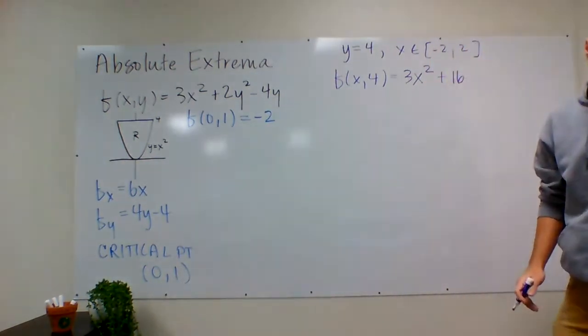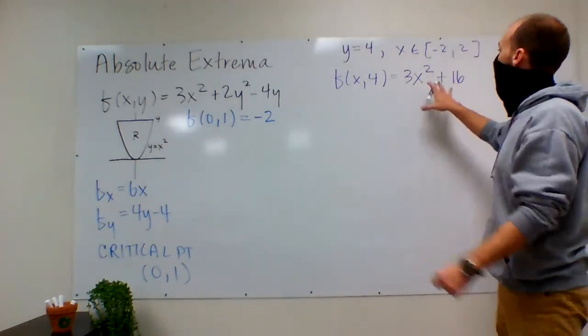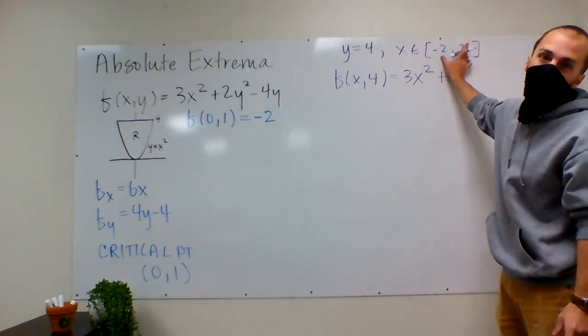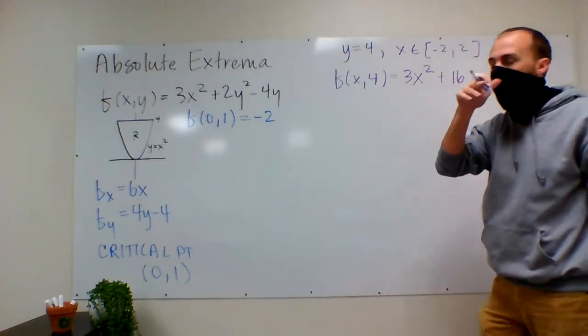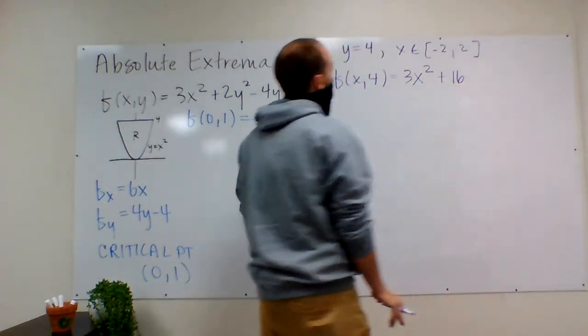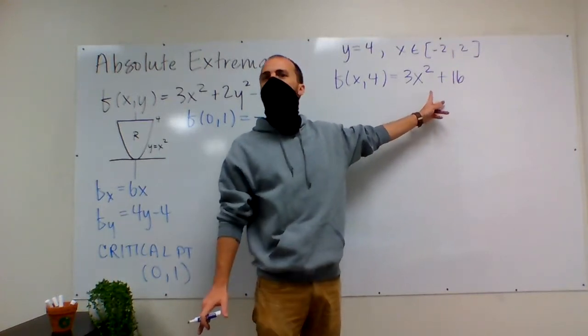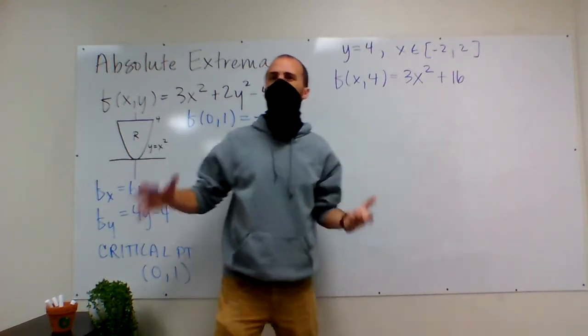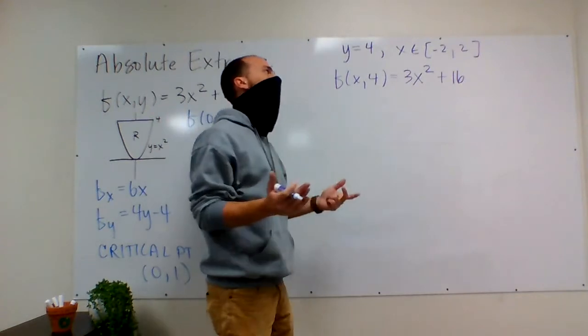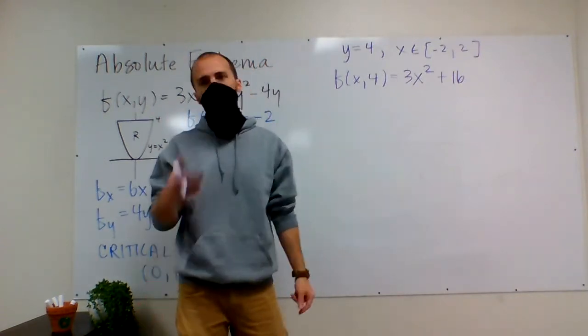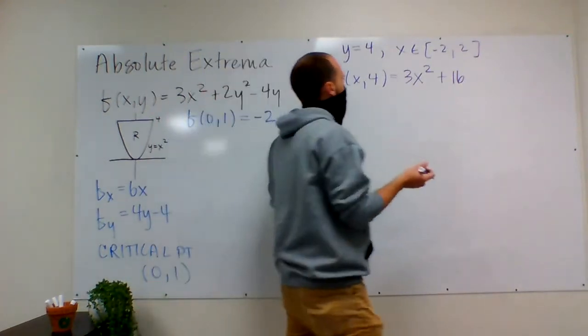And then I'm going to find the absolute maximum and minimum of this function on that restricted domain. Which shouldn't be too hard because this thing has a whole bunch of symmetry to it. Its minimum is going to happen at x equals 0. These are just things you know about the parabola 3x squared plus 16. Its minimum happens at 0, which is going to be 16.